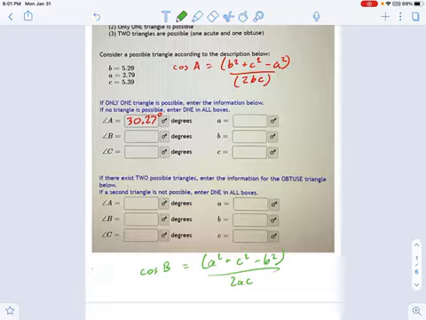I'm going to square that all out, and then I divide it by the bottom here, and the important part at the end is do inverse cosine, and I get 72.88 degrees.